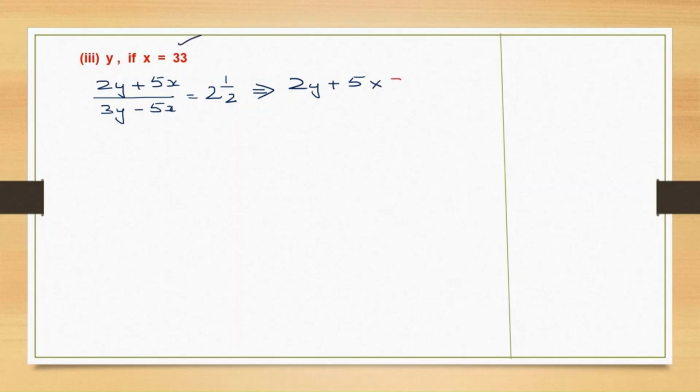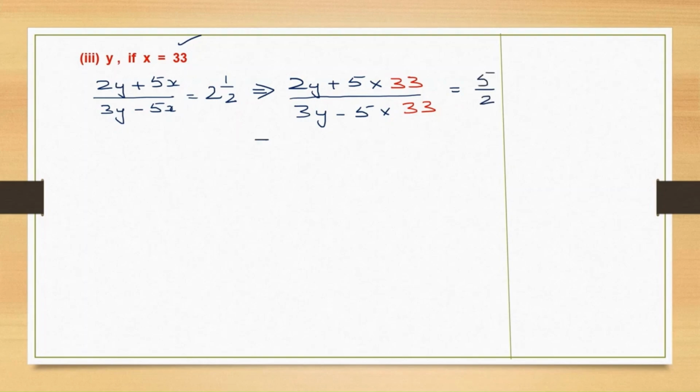So 5 into 33. Now divided by 3y minus 5 into x, which is 33. 5 into 33, and all this is equal to 2 1 by 2. Now let's convert 2 1 by 2 into an improper fraction. 2 2s are 4 plus 1, 5. So we've got 5 by 2.